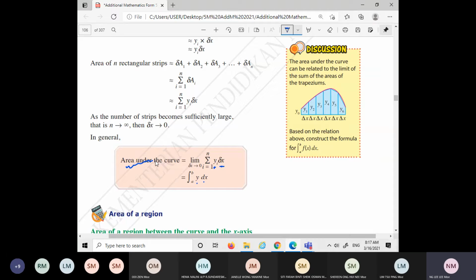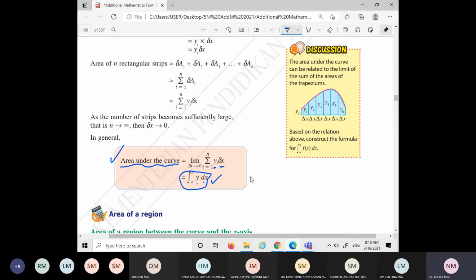Okay, so you remember, area under the curve is this. Again, there is no formula given. So you have to know this. For the old syllabus, this formula is actually given.